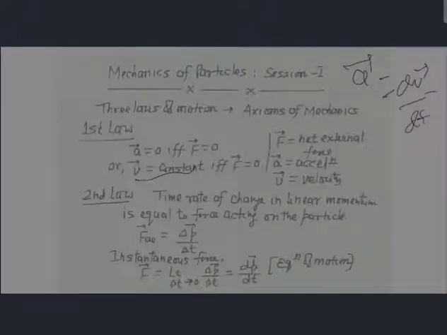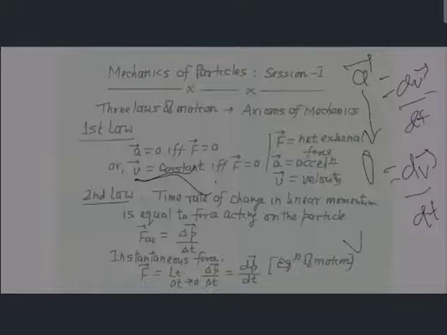Now how does v equal to constant come? It comes like this: you put a equal to 0 here, so 0 equals dv by dt. As 0 equals dv by dt, velocity will be constant, because if the differential of any quantity is equal to 0, then that quantity is a constant.